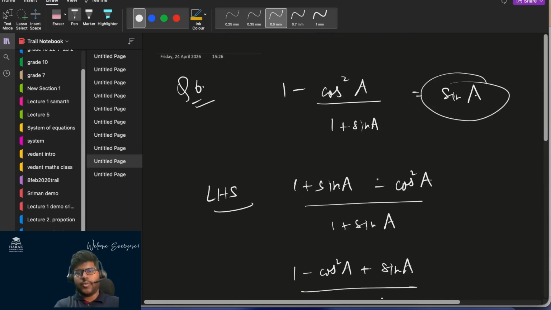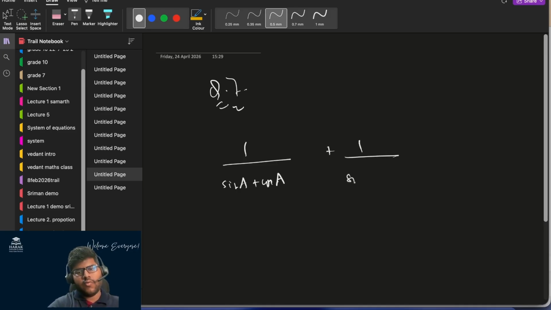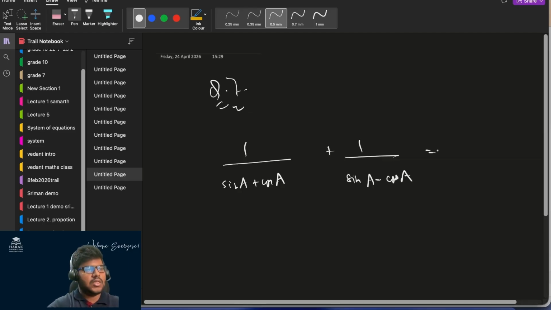So this is how we have practiced one of the board problems from the previous year. Now question number 7. It says 1 over (sine A plus cos A) plus 1 over (sine A minus cos A) is equal to 2 sine A over (1 minus 2 cos square A).